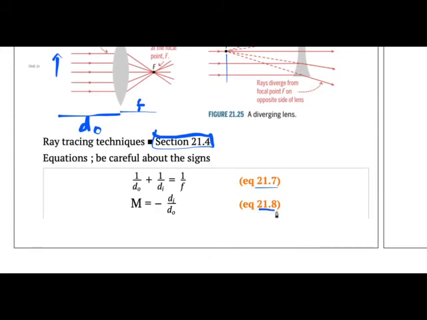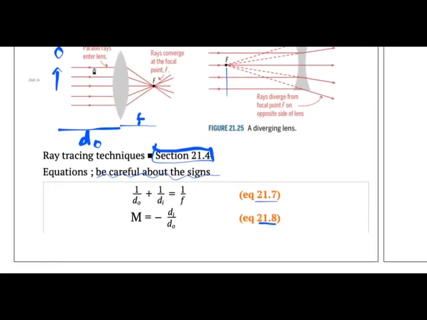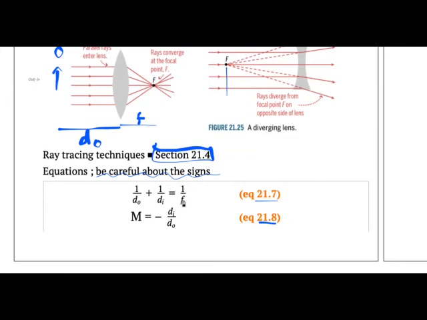You have these two equations, but you have to be careful about the signs. And we already saw that in the case of spherical mirrors. Sometimes the sign of the focal length is negative. For a diverging lens, the sign of the focal length is negative, whereas for a converging lens, like a convex lens, the sign of the focal length is positive. So, be careful. You'll be applying these two equations on the homework problems.